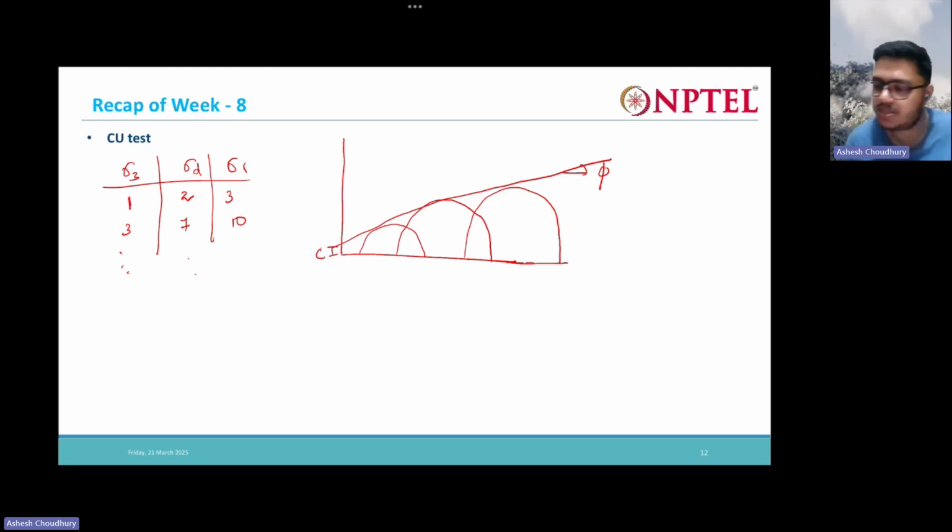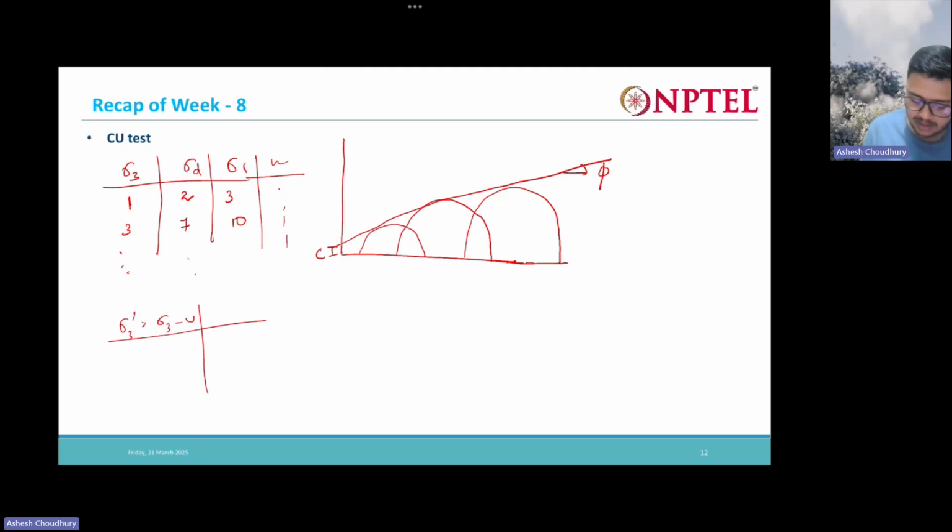This pore water pressure you can also measure during the test. If I also make one column here and write the pore water pressures, I can get the effective values of the principal stresses.